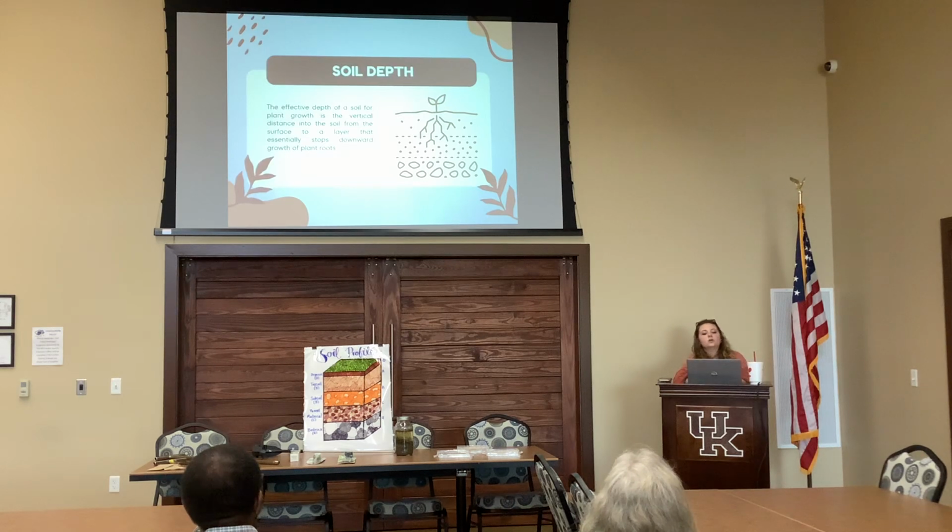Soil depth. So the effective depth of the soil for plant growth is the vertical distance into the soil from the surface to a layer that essentially stops downward growth of plant roots.